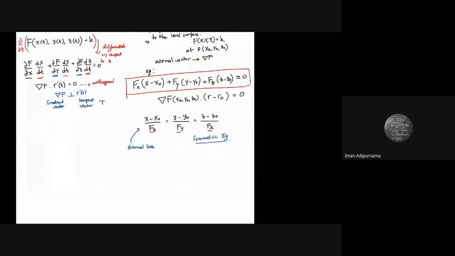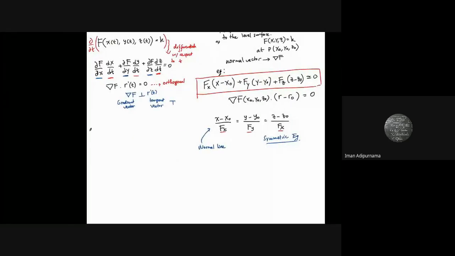Maybe one example, and then we can move to another section. Okay, maybe write the example here. Example. So find equations of the tangent plane and normal line.